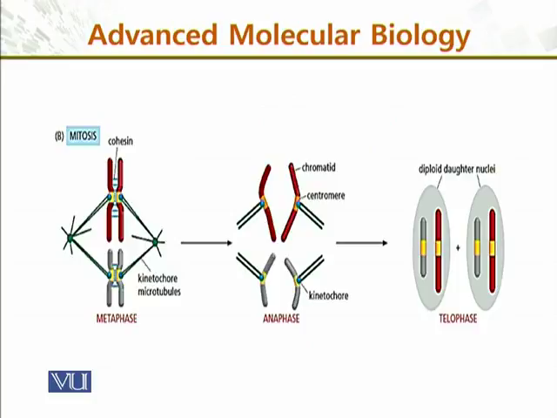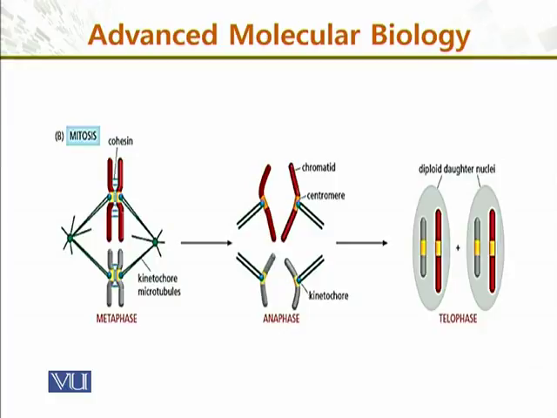Similarly, in mitosis, what happens? As from the spindle, cohesion between them is removed, and the chromosomes are just separated together, and again, two diploid sister nuclei are produced.